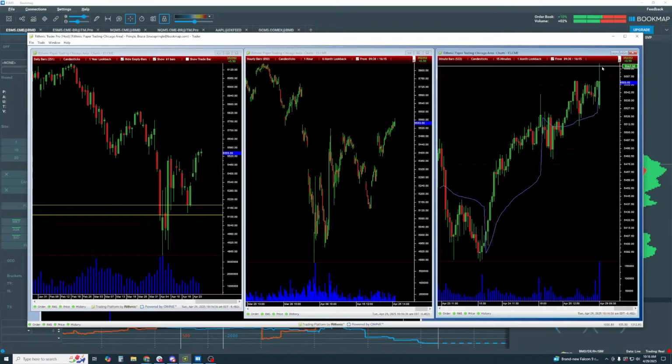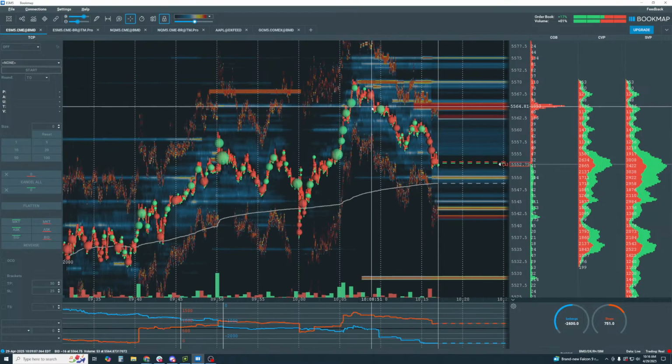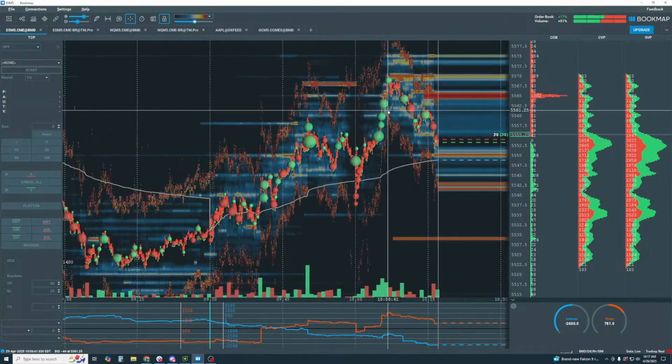We did not accept, at least for the moment, above this area, right at this 53. So you can see the big wick and then the pullback here. Is it a pullback? Is there some demand in here? That's what we want to determine. Or are we going to see a ton of supply and sellers drive it right back into the range here? All right, so let's zoom in here.